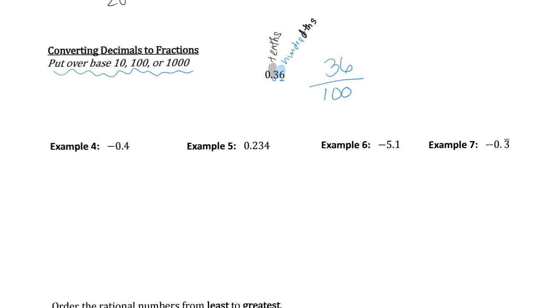Now that's our fraction, but we always want to simplify our fraction. If it was the thousandths place, we put it over 1,000. Now we have to simplify. I know they both can be divided by 4. We get 9/25. Okay, so it's equal to 9/25.